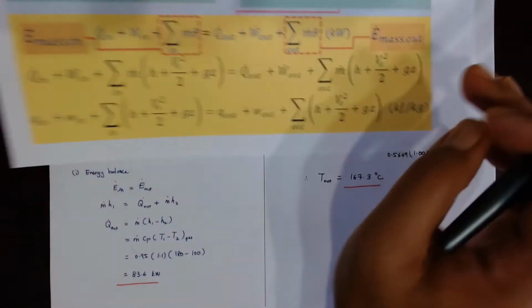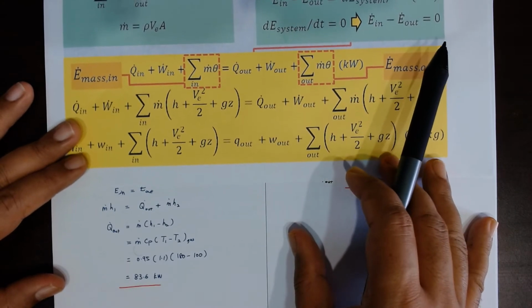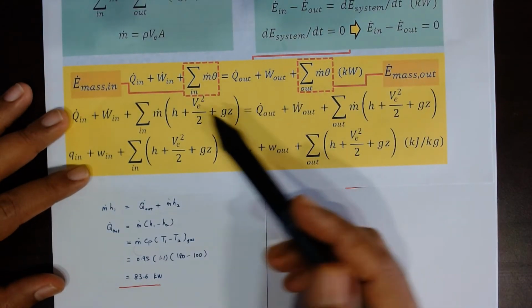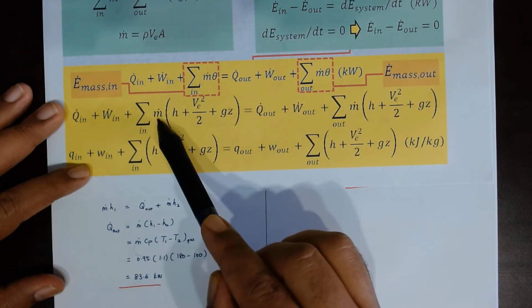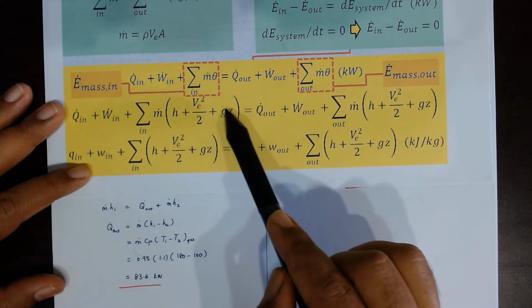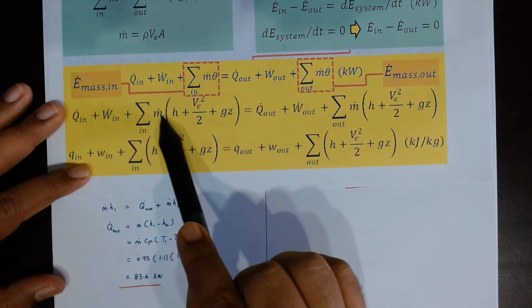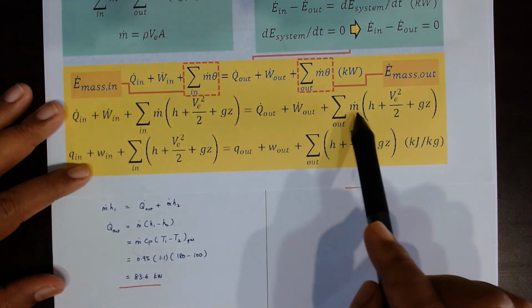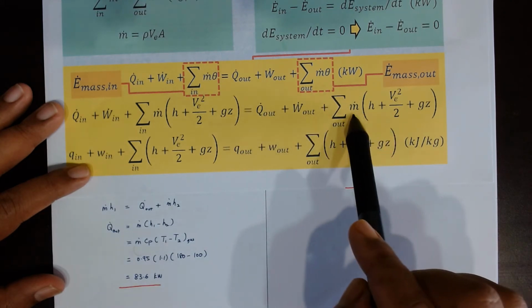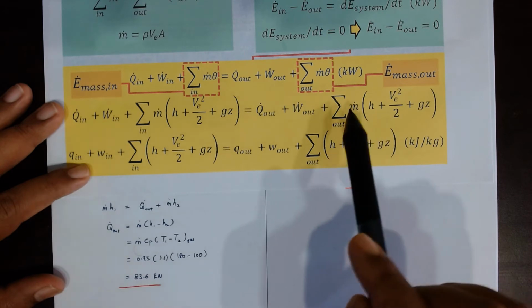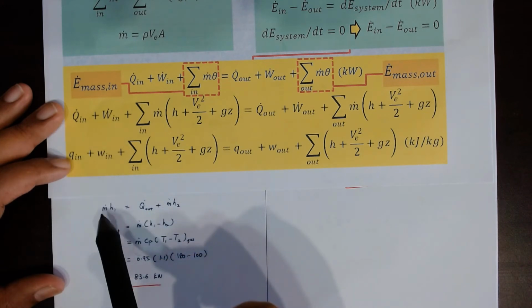From a very long equation, E in minus E out, we don't have the effects of work, and no gravitational or kinetic effect, so we leave with Q in and m dot h1, and m dot h2 out.